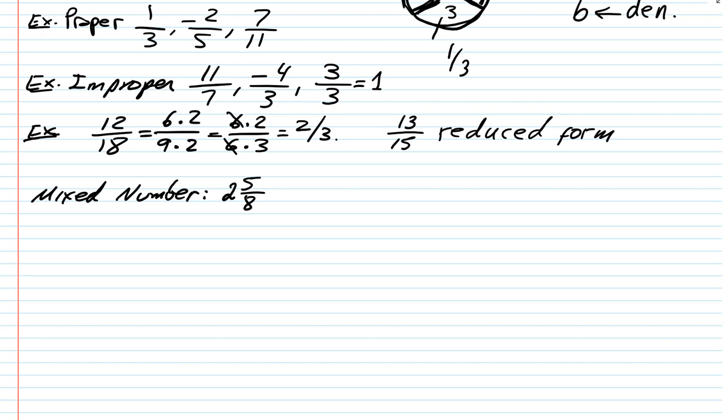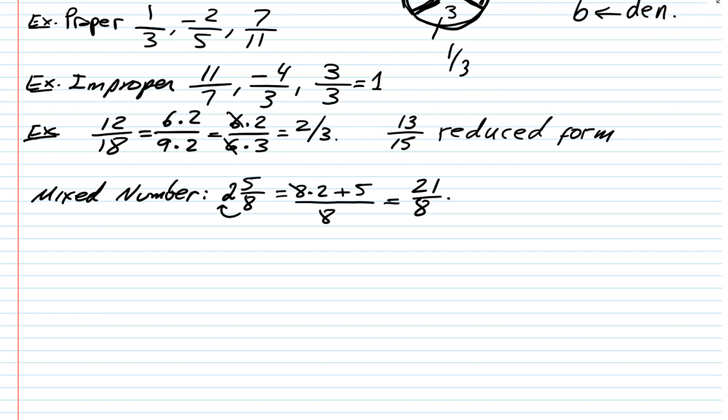They end up being improper fractions. And the way to do this is multiply 8 by 2 in this case, and then add 5, and then divide this whole thing by 8. Therefore, the improper fraction representation of this mixed number is going to be 21/8. Okay, all mixed numbers can be represented as fractions.